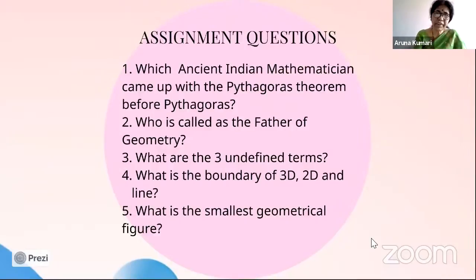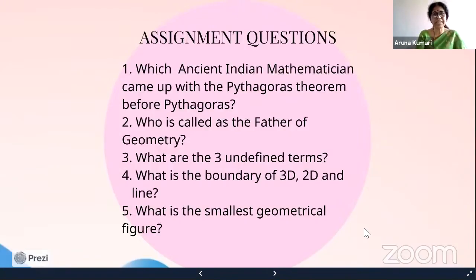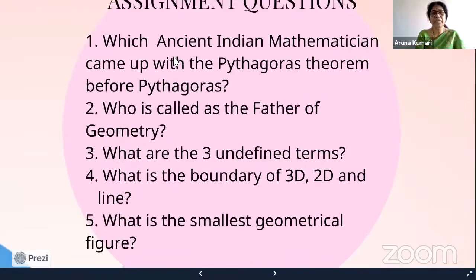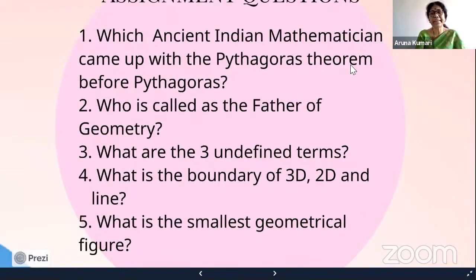See, whatever we have studied now, some questions are there. Which ancient Indian mathematician came up with the Pythagoras theorem before Pythagoras? This is a very important question. Pythagoras theorem before Pythagoras, isn't it?